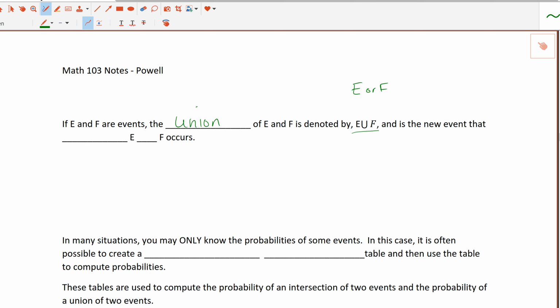It is the new event that either E occurs or F occurs. But it doesn't have to be both. It only has to be one. So finding probabilities of unions is much more difficult than finding them for intersections.